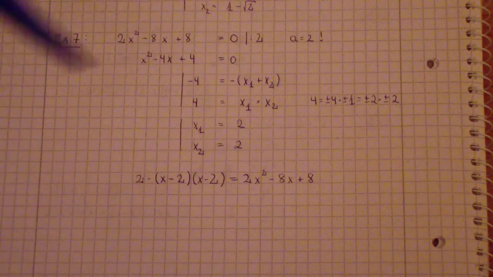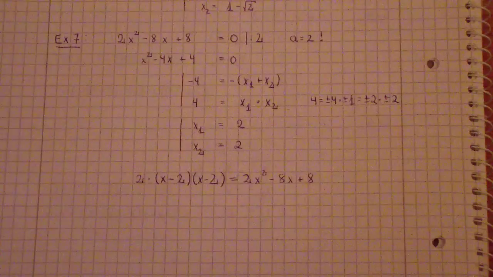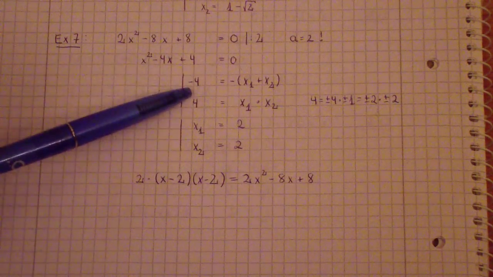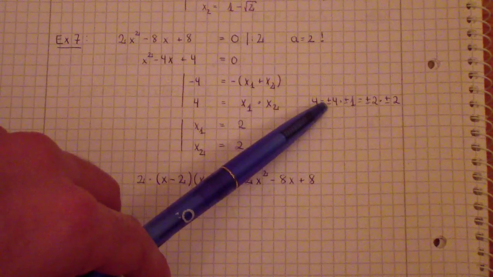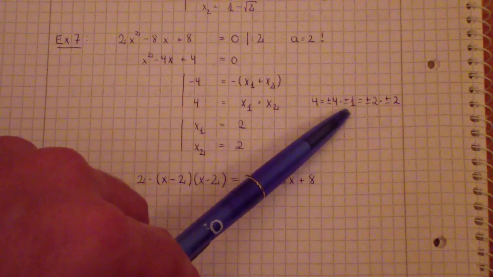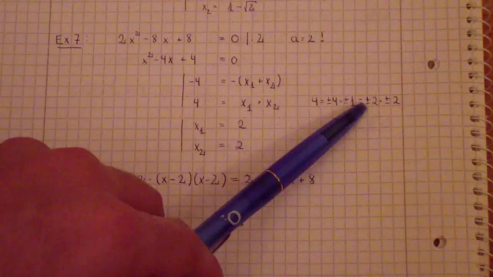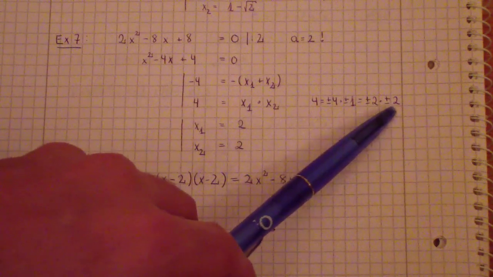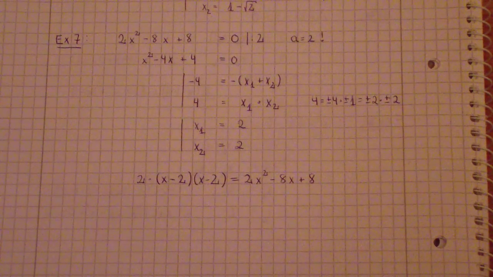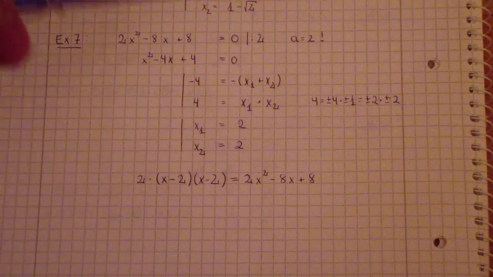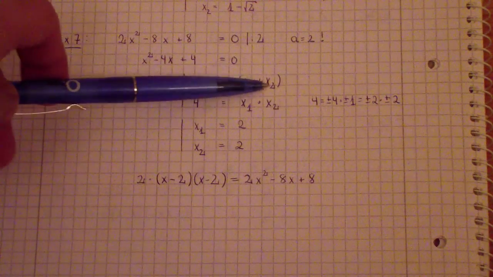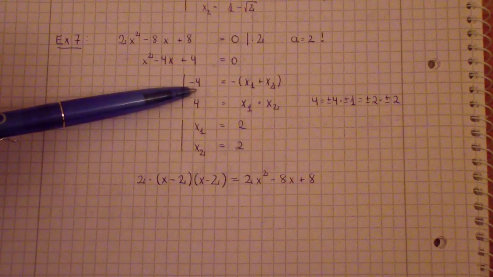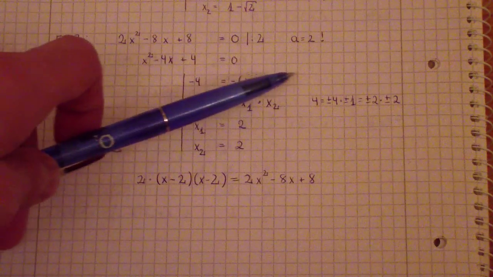Now let's look at how we can rewrite 4 as a product of integer numbers. We have plus 1 times plus 4, minus 1 times minus 4, and plus 2 times plus 2, minus 2 times minus 2. Trying plus 4 and plus 1, you get 5, and minus 5 was not sufficient to solve this equation.